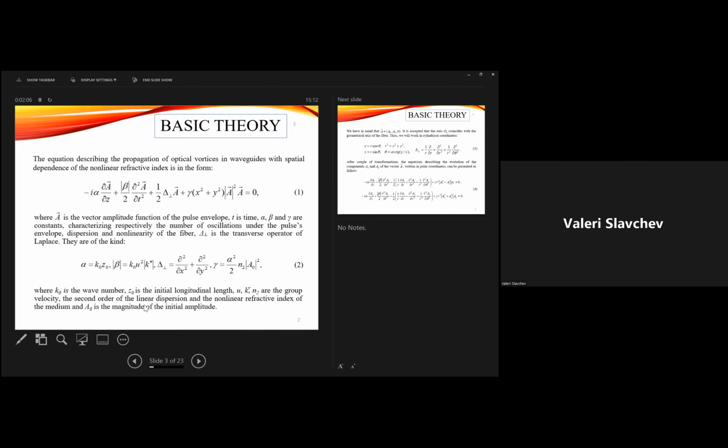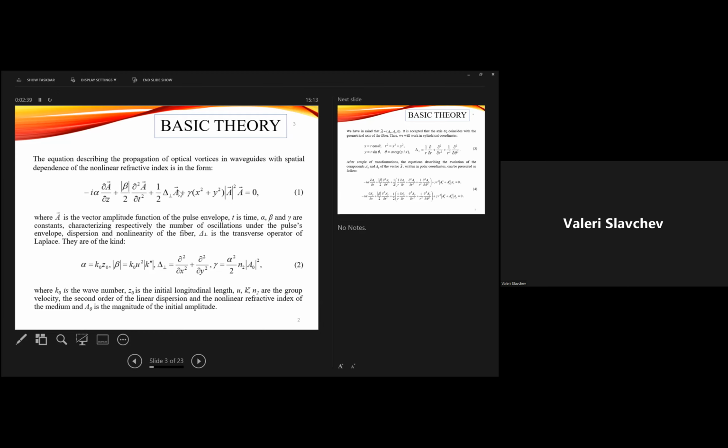For all the investigation, we use equation 1, which describes the propagation of optical vortices in a waveguide with spatial dependence of the nonlinear refractive index, where A is the vector amplitude function of the pulse envelope. Alpha is the constant corresponding to the number of oscillations under the pulse envelope. Beta is dispersion, and gamma is the nonlinearity of the fiber.